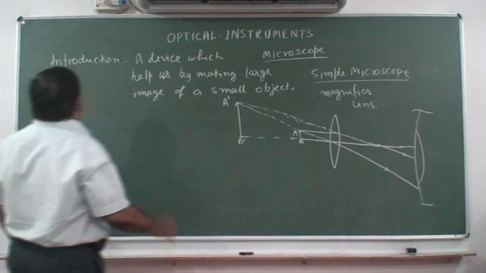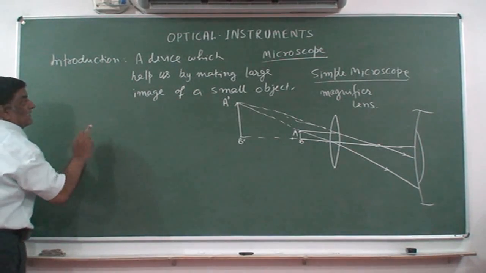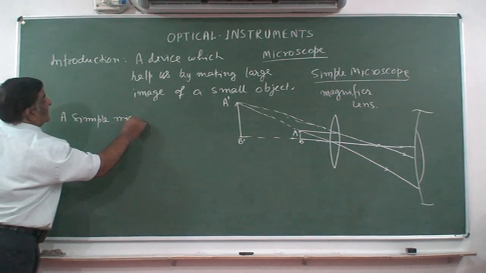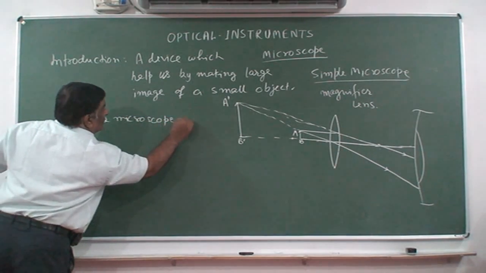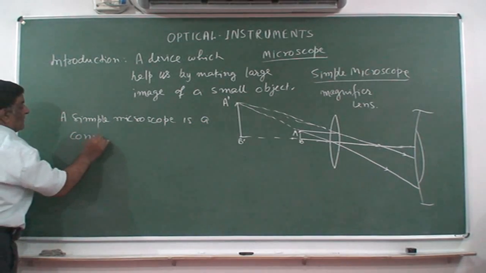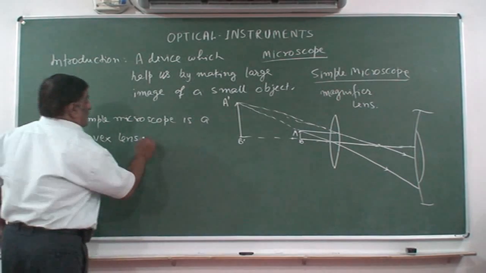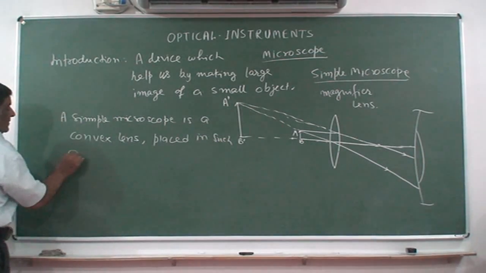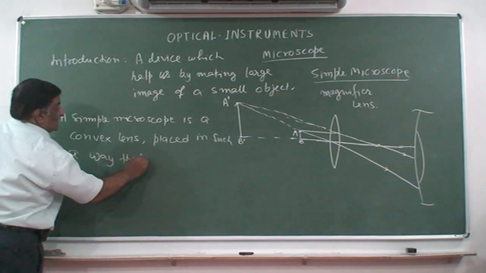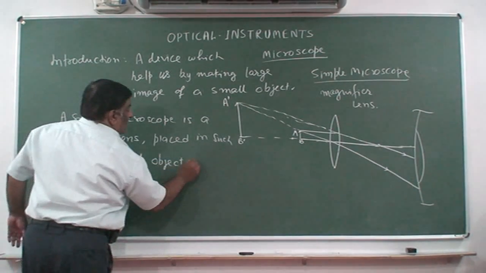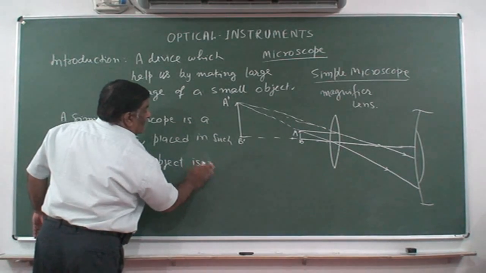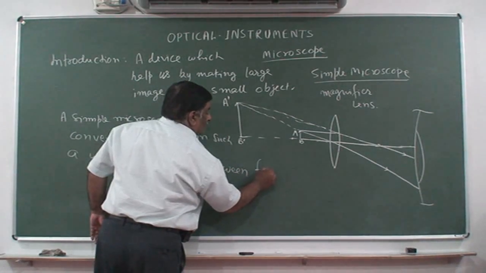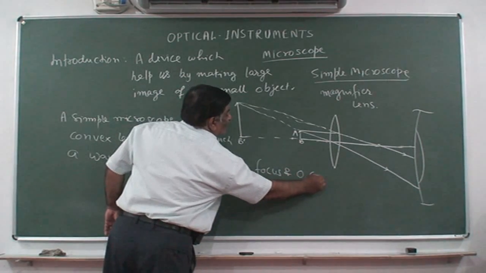So what is a simple microscope? We have to write it this way: a simple microscope is a convex lens placed in such a way that the object is between the focus and optical center.